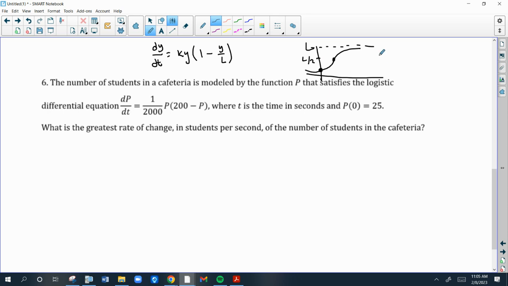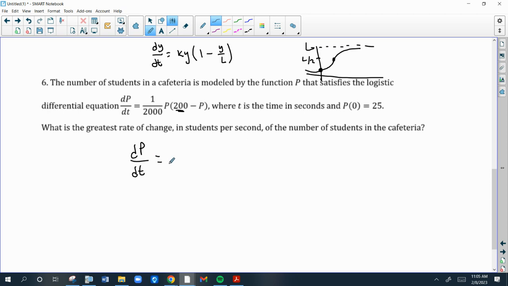So to answer this first question, it says it's a logistic differential equation, so we should be able to put it into this form, and that should help us out a little bit. The big thing is I'm going to make sure that this is 1, so I'm going to factor out a 200 here.